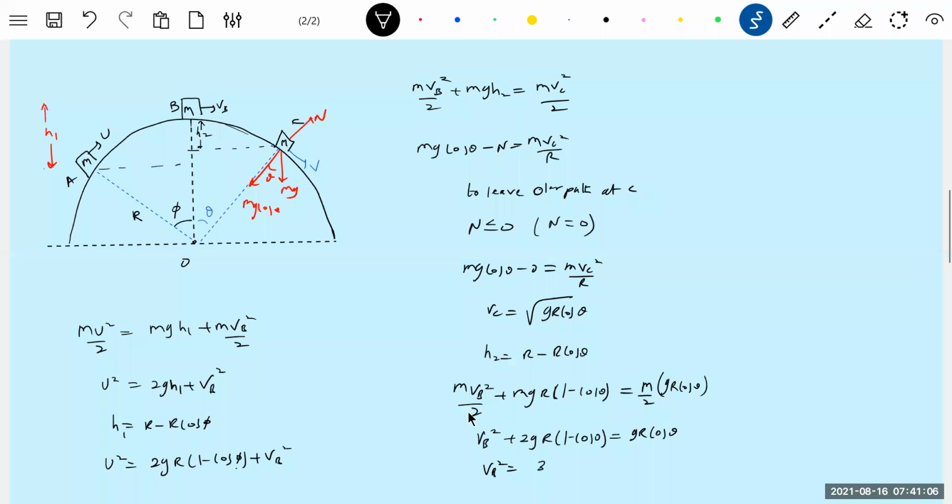Vb square should be equal to 3gr cos theta minus 2gr. Already you know this, or you could have directly substituted this value of Vb square in this equation.